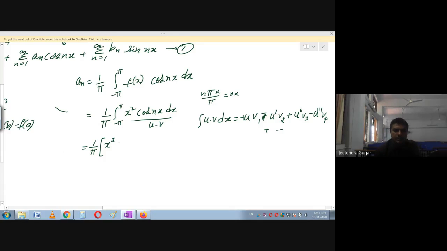So u I have taken as x square, and v I have taken as cos nx. When I go for u dash, differentiation of x square is 2x. Again, if you differentiate 2 times, it is going to become 2, and u3 is going to become 0.